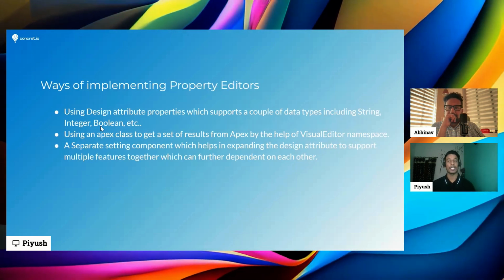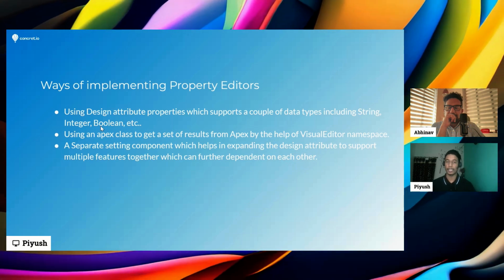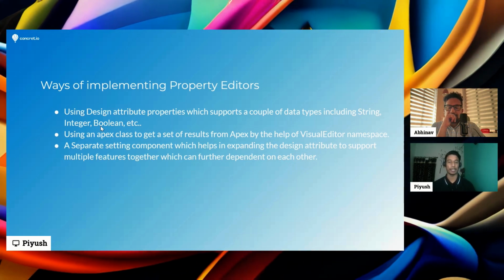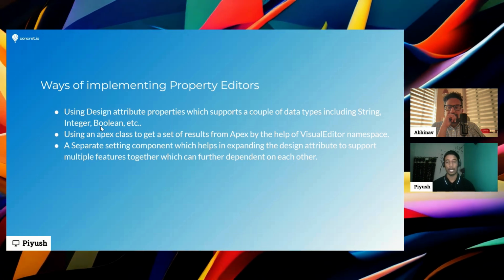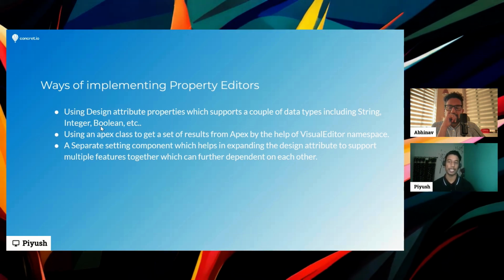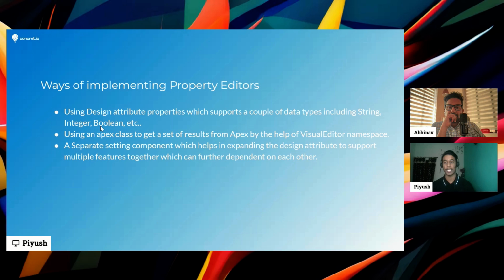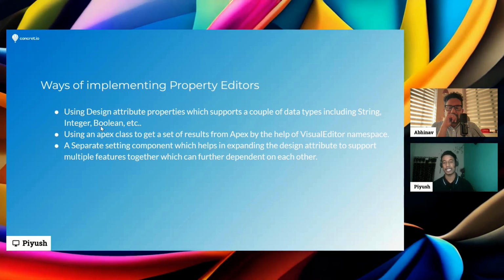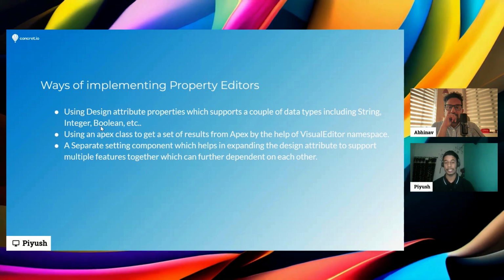Let's see how many ways we have to implement the property editors. The general way is using simple design attributes, which support out-of-the-box data types like string, integer, boolean, etc. The second way is using an Apex class as a reference for the design attribute.